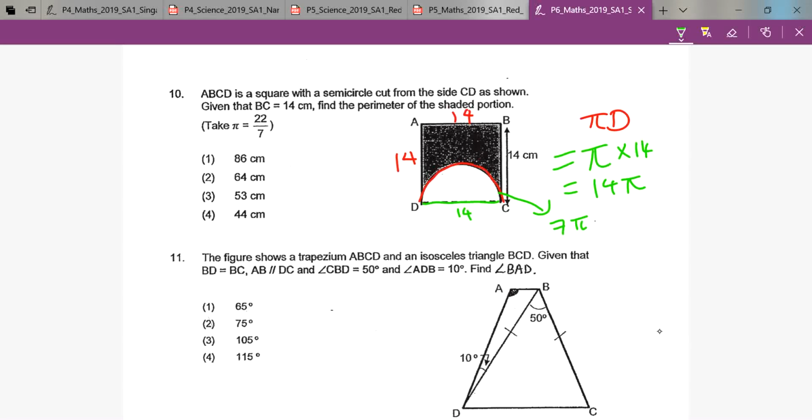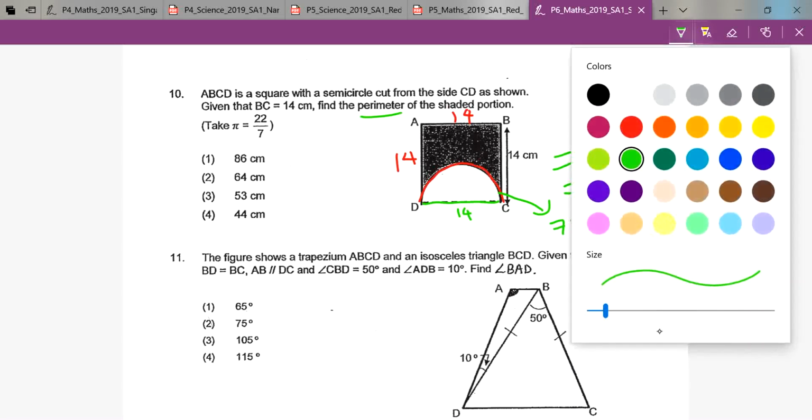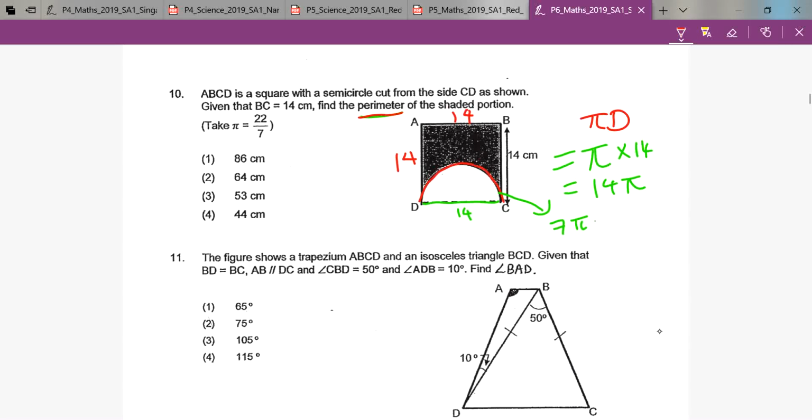Alright, now they're asking about the perimeter. So you use 7 pi plus 14 times 3. 1 here, 1 here, and 1 here. 14 times 3, you're going to get 42.